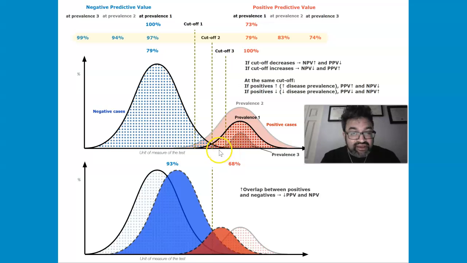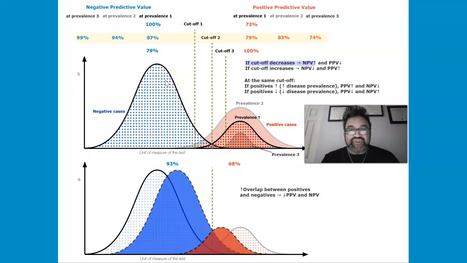You can see this very distinctly. Negative predictive value would decrease, but positive predictive value, the ability to find positives, will increase. The opposite is true: if the cutoff decreases, then the negative predictive value will increase and positive predictive value will decrease.